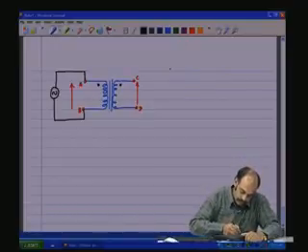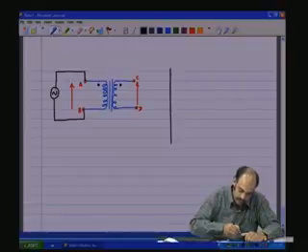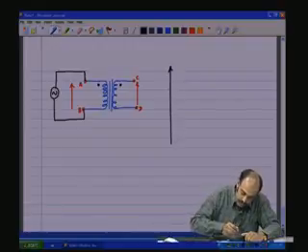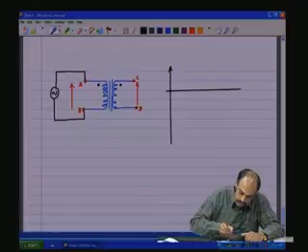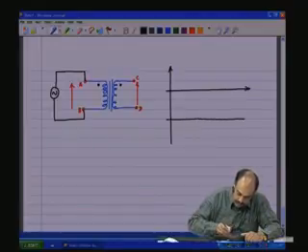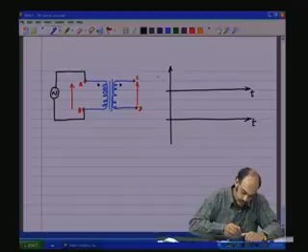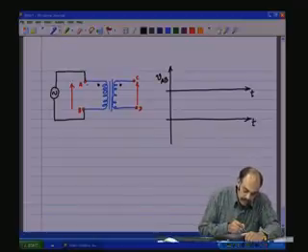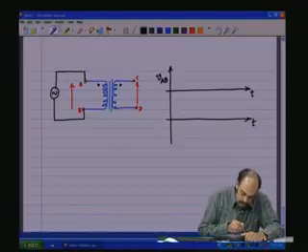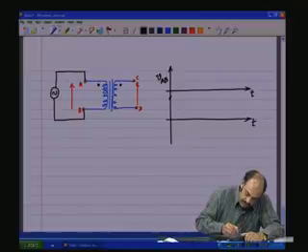Now, how do the waveforms look across the primary and the secondary with respect to time? Let us say VAB, meaning we are measuring at A with respect to B, and the other one is VCD.